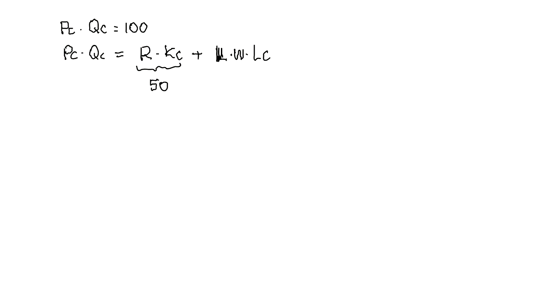So, like we have here, the revenue in the computer sector is equal to the payment to the capital plus the payment to the labor in the computer sector. Right? And in the book, it tells us this is 50. This is 50.